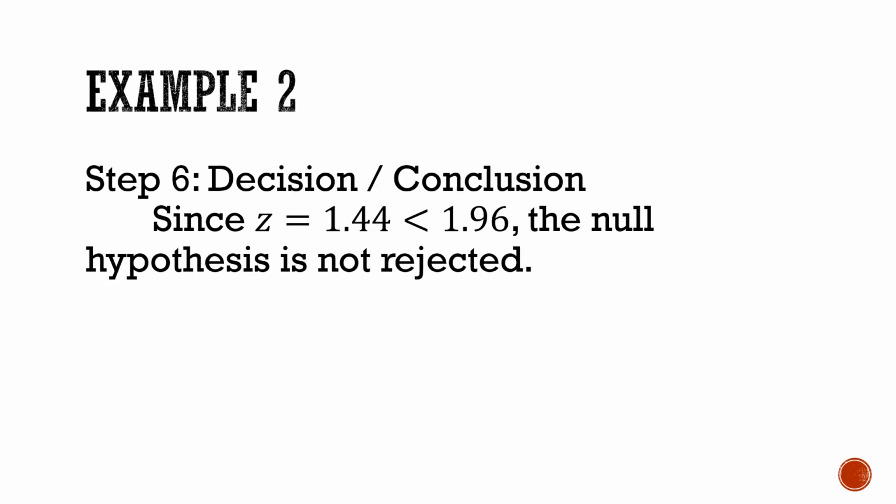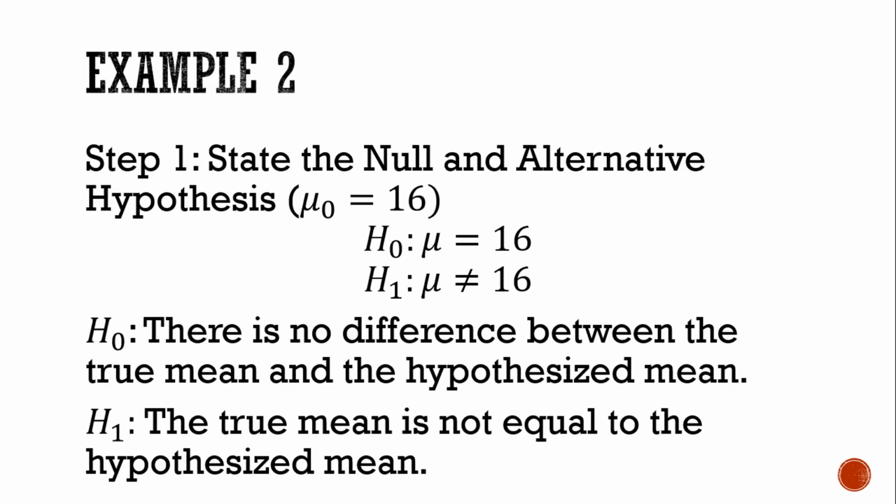Meaning, since the absolute value of z, which is 1.44, is less than 1.96, the null hypothesis is not rejected. And if we recall the illustration, 1.44 falls under the non-rejection region, which supports our decision rule that we are not to reject the null hypothesis.